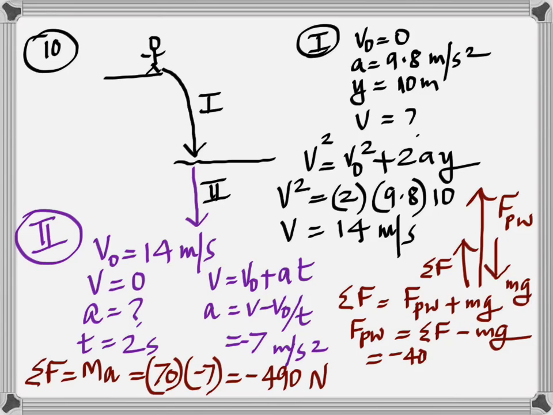Unknown quantities are always taken as positive in math. So when you rearrange, you get negative 1176 Newton. And again, the negative sign shows that the force applied by the water is 1176 newtons upwards, and it counteracts and goes over and above the weight of the person by 490 Newton.